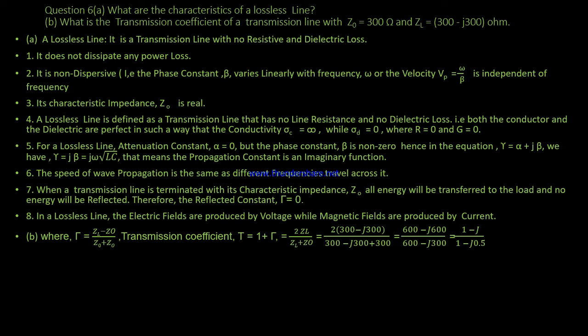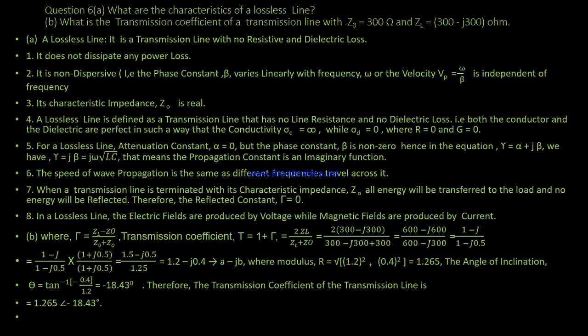By substituting the values of Z0 and ZL, we have 1 minus J all over 1 minus J 0.5. And by following the principles of rationalization, we are able to get 1.2 minus J 0.4, which is equivalent to A minus JB. So we can now find our modulus R to be the square root of 1.2 squared plus 0.4 squared, which gives us 1.265.